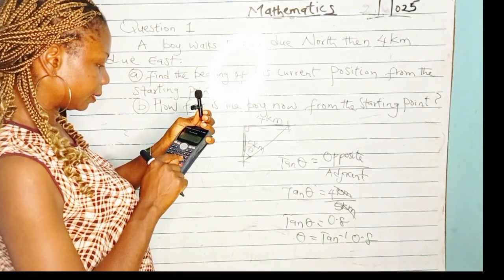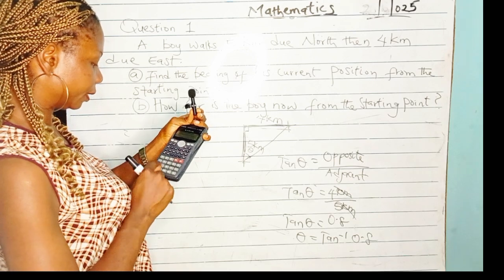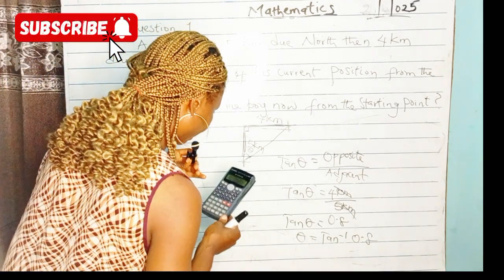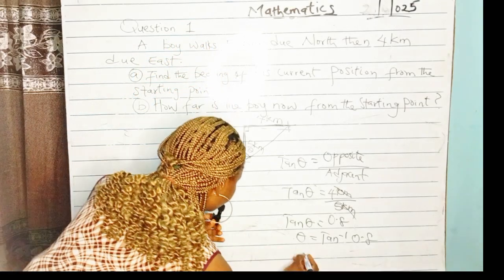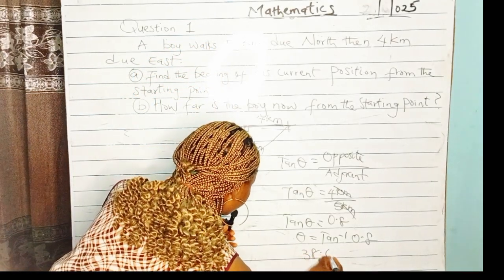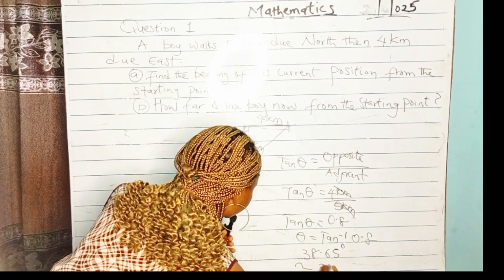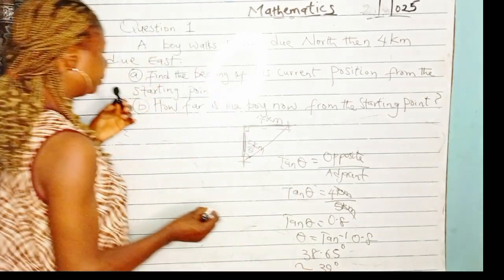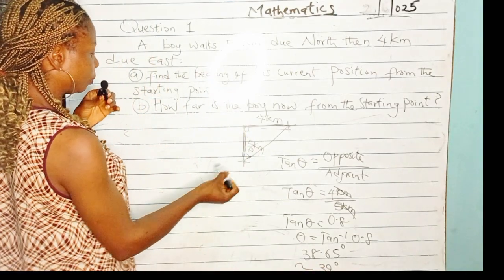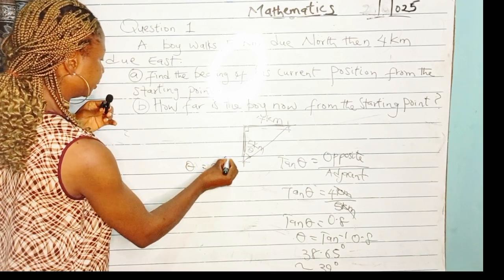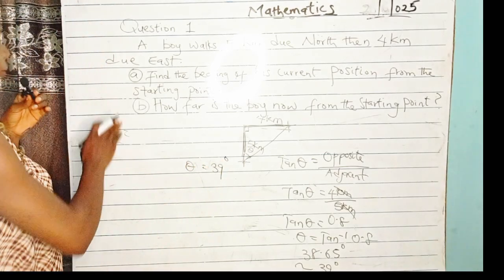Shift tan inverse of 0.8 is equals to 38.65 degrees, which is approximately 39 degrees. So that means theta is approximately 39 degrees, and that's the answer to A.